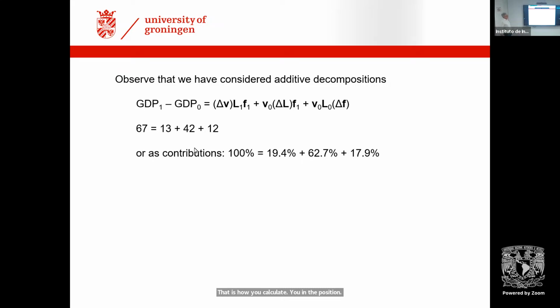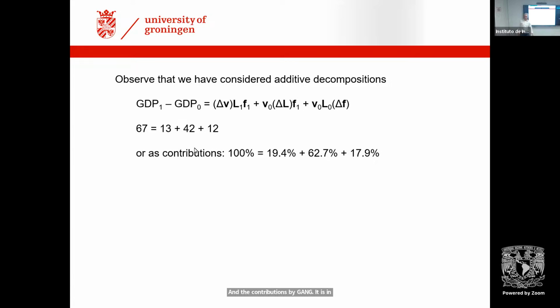Observe that we've considered so far additive decompositions. So, for example, the typical outcome: the change in GDP is 67. And the contribution by changes in value added coefficient is 13, changes in Leontief inverse 42, changes in final demands 12.